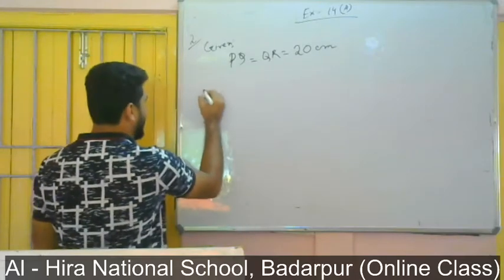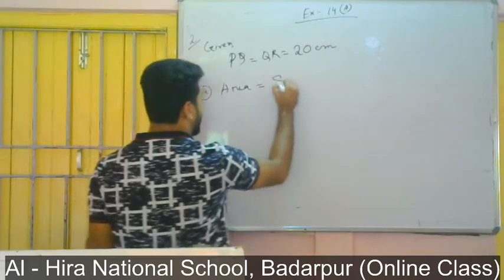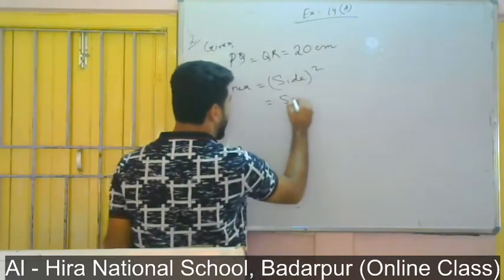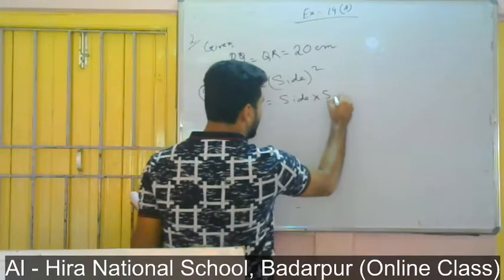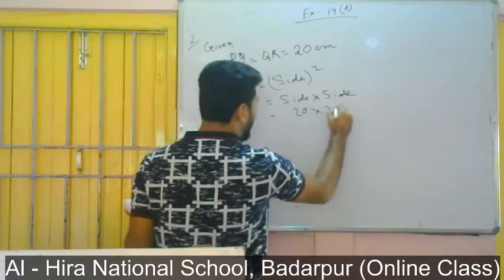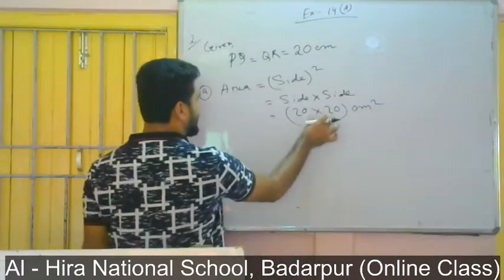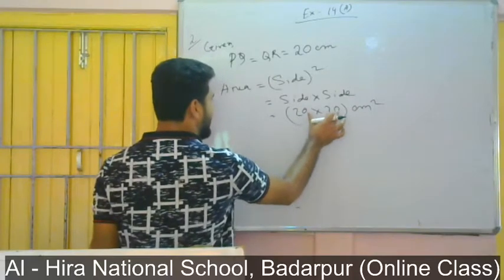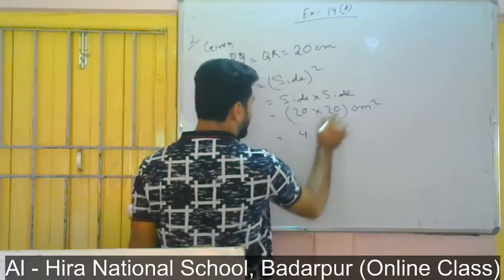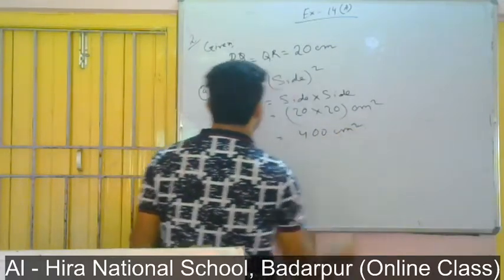So using this we can find the area. Write first, area equals side square, that means side into side. That means 20 into 20 centimeter square, because there will be 20 centimeter again 20 centimeter, so they multiply to centimeter square. 2 2s are 4 and 2 zeros, 400. So 400 centimeter square.